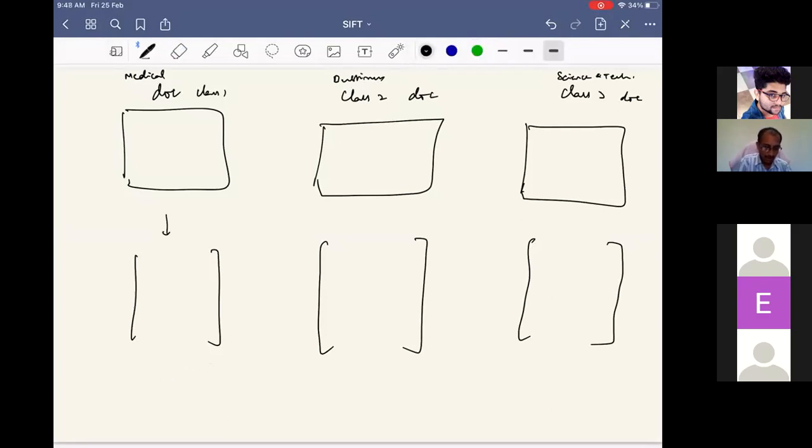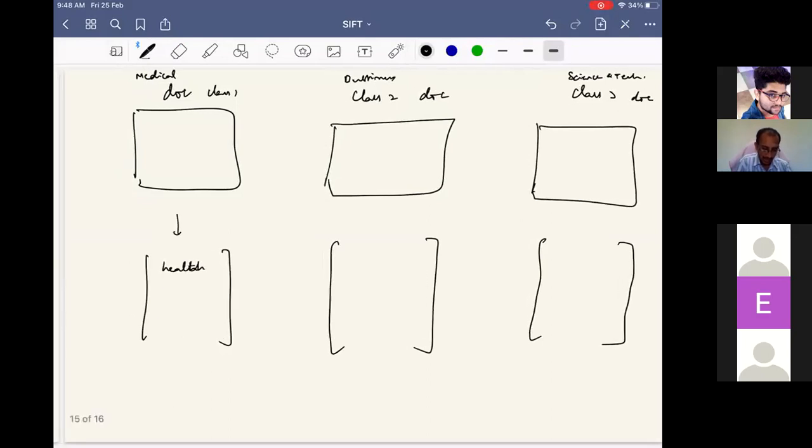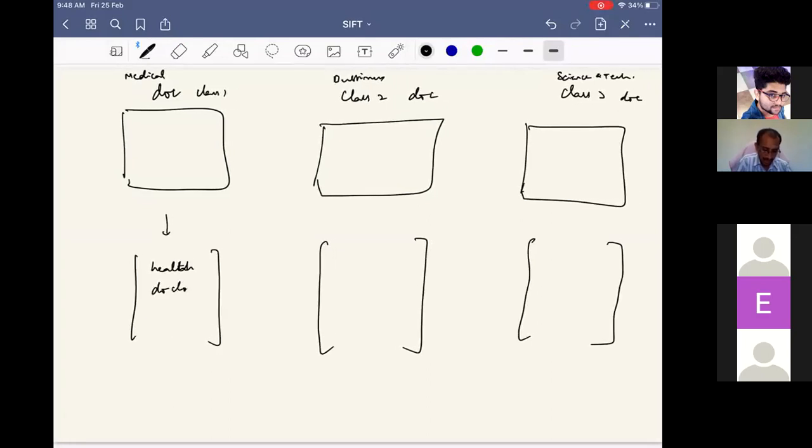So if I see medical documents, what is the kind of words I may get? Okay, so health, and I may also get doctor, say exercise, and few others. Okay, here if I see business documents, what will frequently occur?